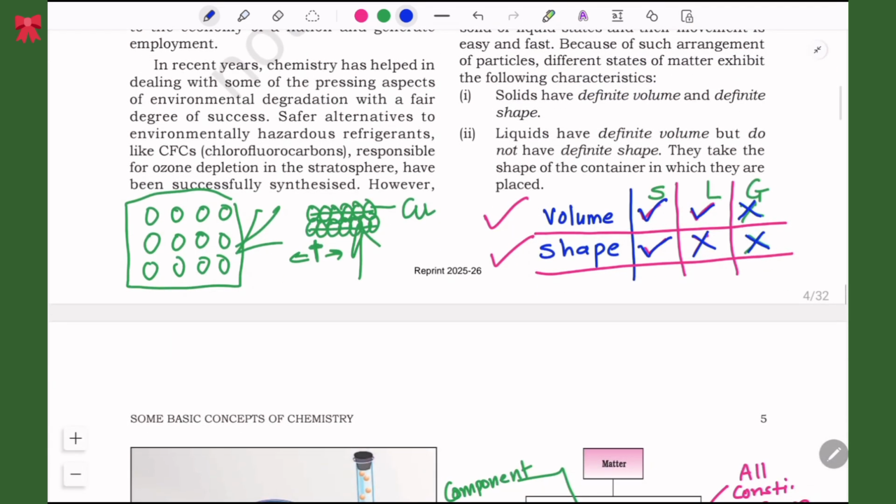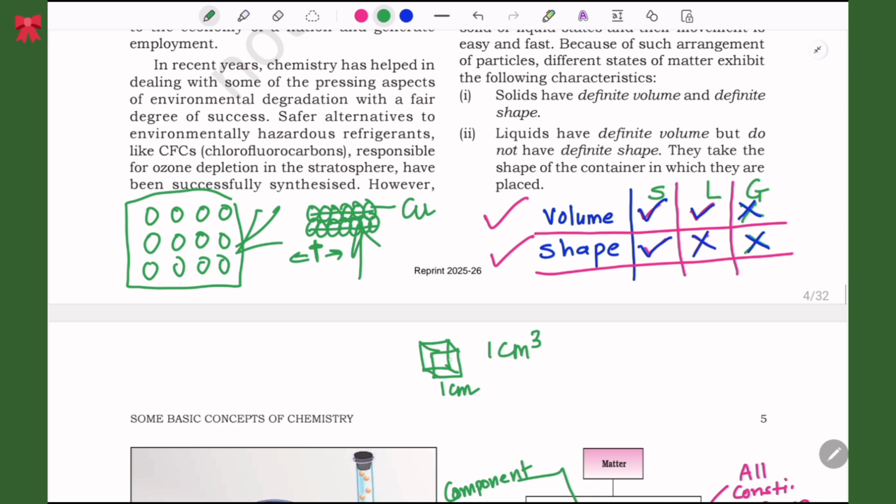What example can we give here which we all can understand? Like I have a cube. The cube is going to have a definite shape, that is cubical, and a definite volume. Let's say it has 1 centimeter dimensions in length, breadth and height. So its volume is going to be fixed, that is 1 cubic centimeter.